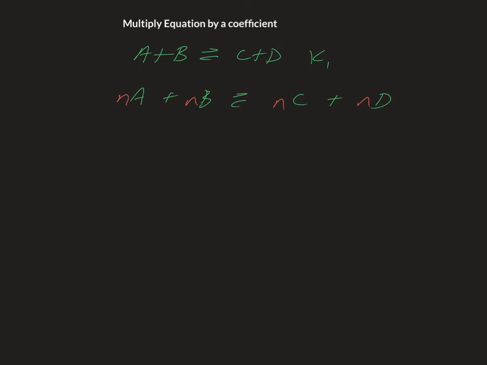In this chapter, we're not going to do that. If I want to find the new K, which we'll say is K2 for this reaction, to find K2, I take my initial equilibrium constant, and I raise it to a power of that multiplier. So that n that I multiplied through becomes an exponent there.